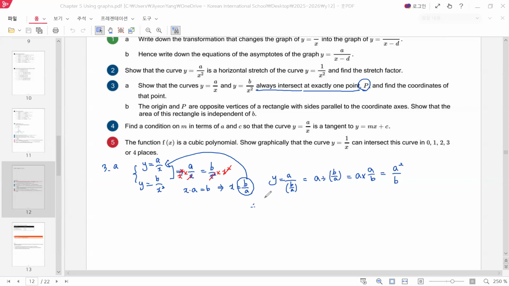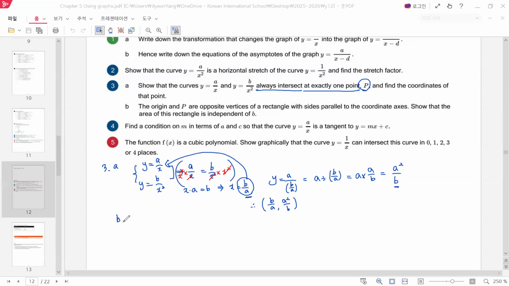Therefore, it intersects at exactly one point because this equation has only one solution. The coordinates are b over a, which is the value of x, and a squared over b, which is the value of y.